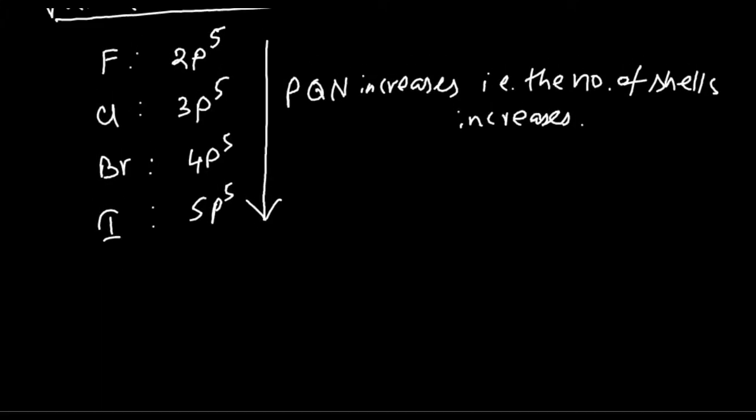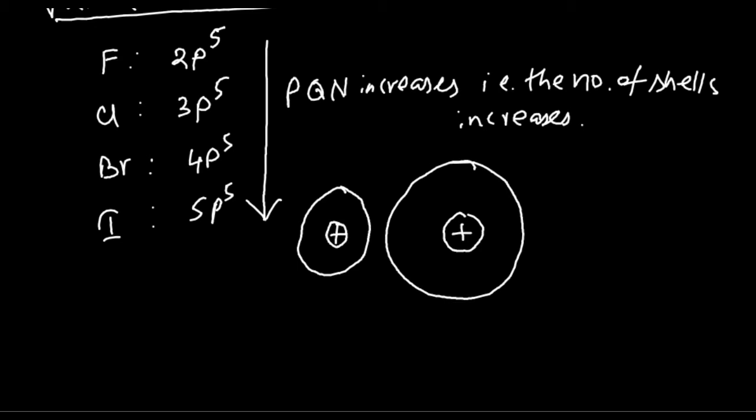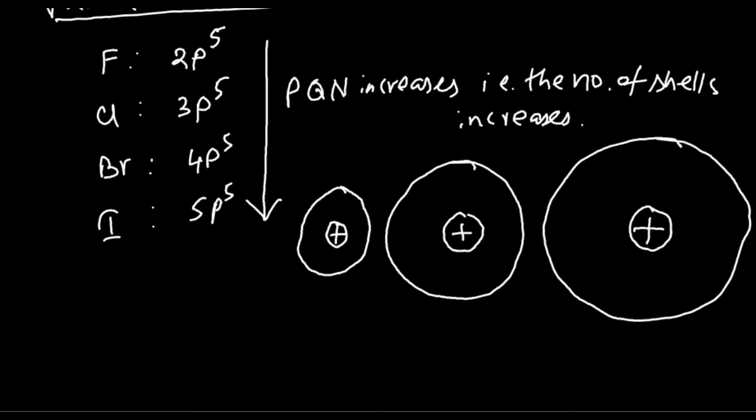So if I consider fluorine, suppose this is the nucleus of fluorine, and the outermost shell is like this. And for iodine, suppose this is the nucleus, and this is iodine.